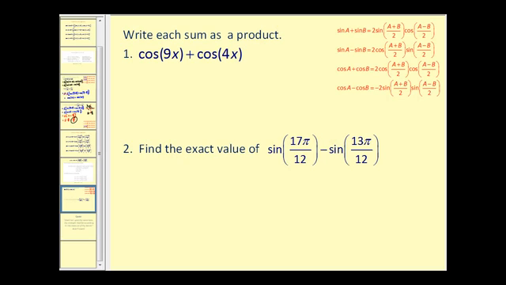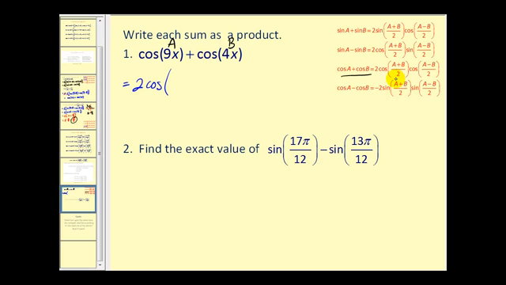We want to write the sum now as a product. So we have the sum of cosine A plus cosine B. So we're looking at this identity here, where our angle A is 9x and our angle B is 4x. So this will be equal to 2 times cosine of A plus B divided by 2.